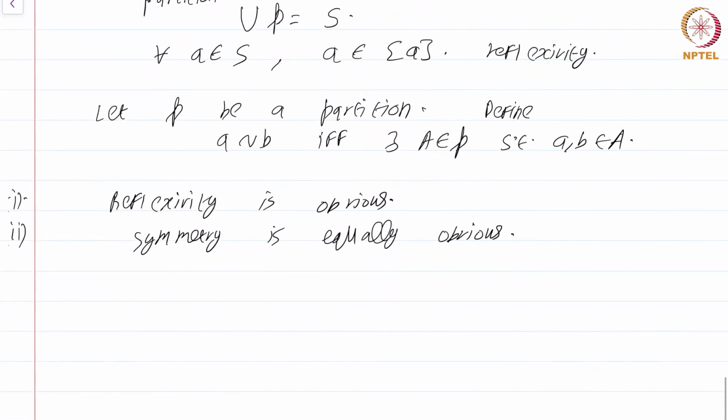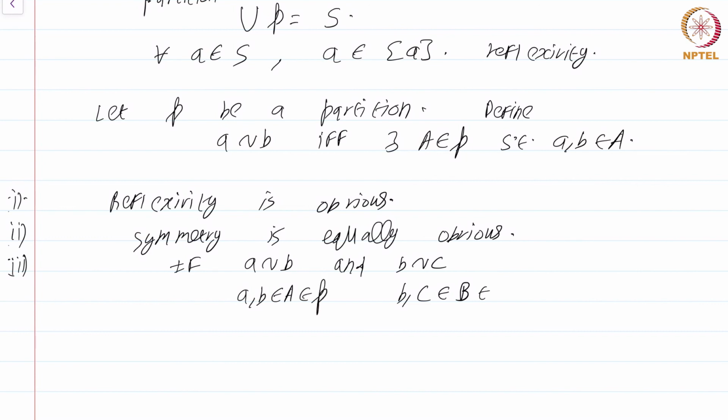Third, transitivity is also equally easy. If A is related to B and B is related to C, that means A comma B must belong to some set A and B comma C must belong to some set B. Okay, both should be elements of P. But A and B are not disjoint, they have the element B in common.